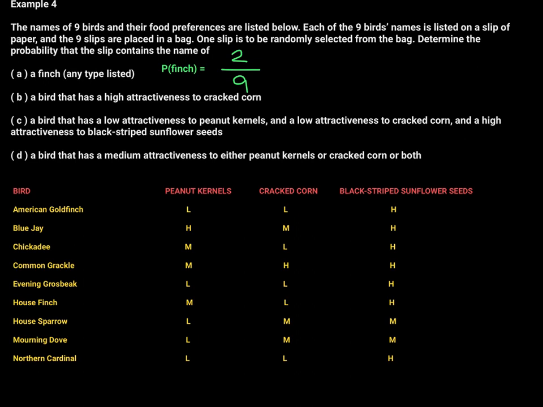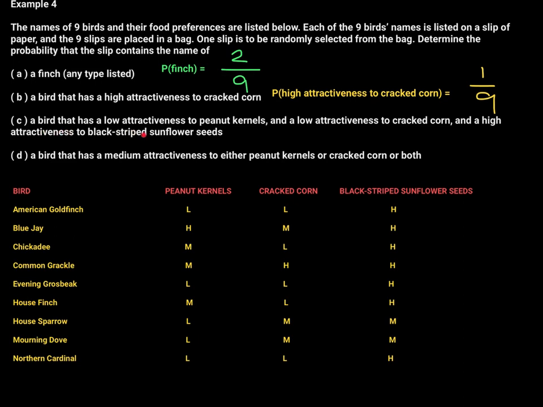So for part B, we have the probability that the slip that we randomly choose has a bird that has a high attractiveness to cracked corn would be 1 favorable outcome out of 9 total. So that's the probability. All right, let's go for this one now.